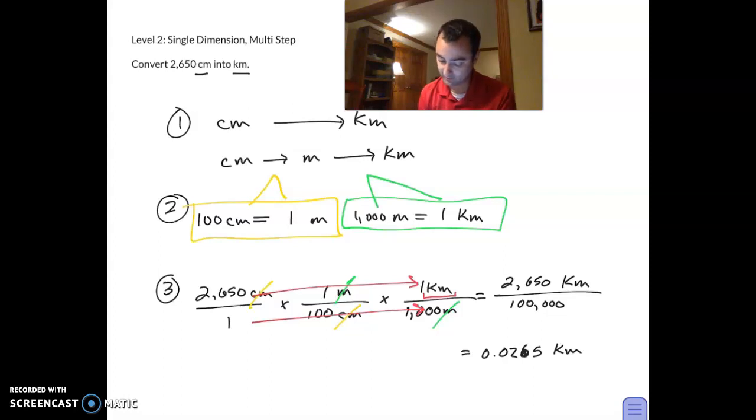Okay, so this last zero, one quick comment about sig figs, this last zero right here, it's not considered significant. So when you write it in the larger unit, you don't need to include it. Okay, so you can see that you have multiple steps here, but it's still only one dimension. It's still just length, some version of distance.